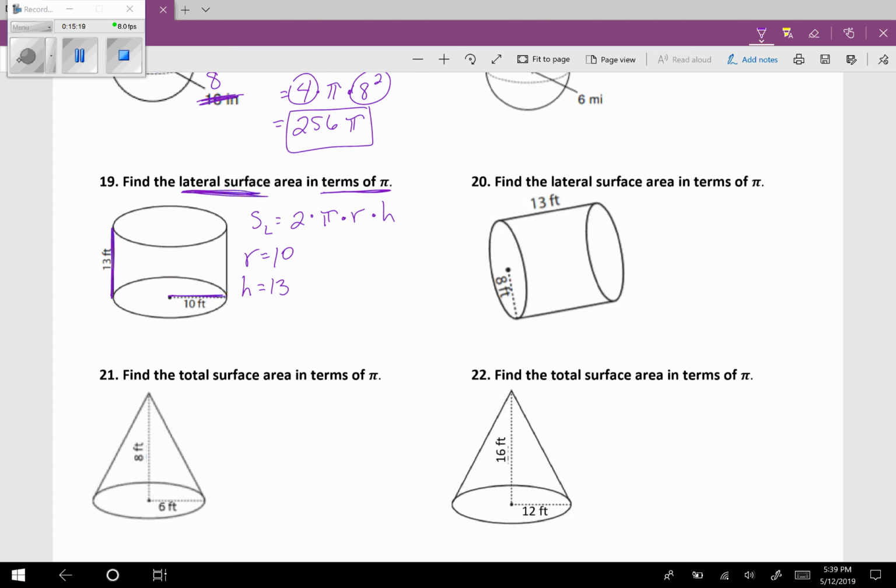So just plug in. 2 times pi times r, which is 10, times h, which is 13. So in the calculator, just multiply 2 times 10 times 13. So 2 times 10 times 13 is 260 pi. And again, it's feet squared.